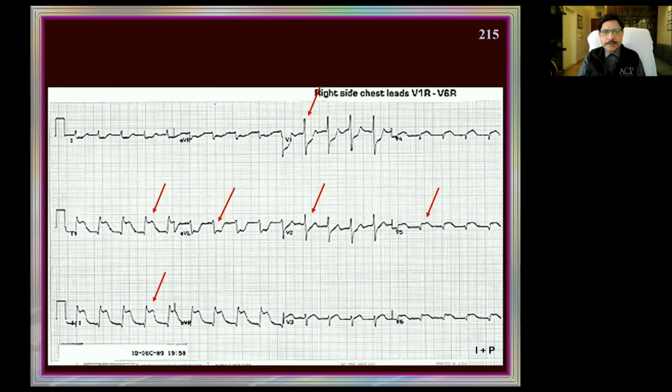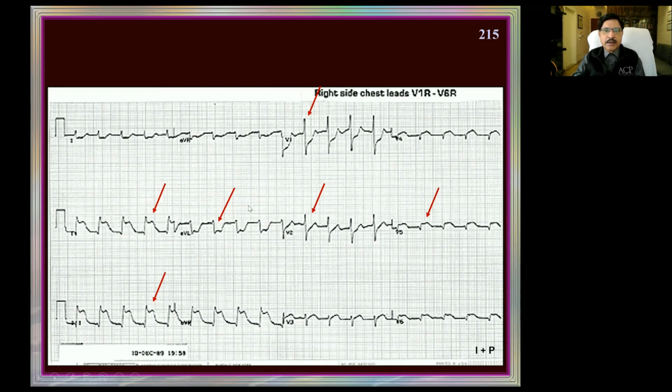Now look at this ECG. The R wave should not be that tall, and the ST depression here is ST elevation in the mirror, the upright T is the T inversion in the mirror. So Q waves, ST elevation and T inversion in the mirror, typical posterior changes are there.